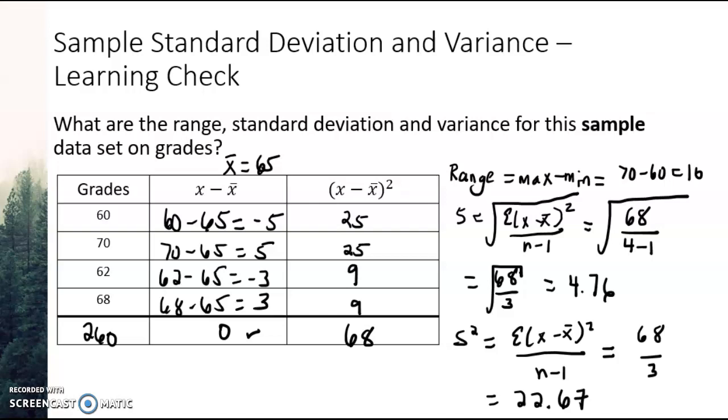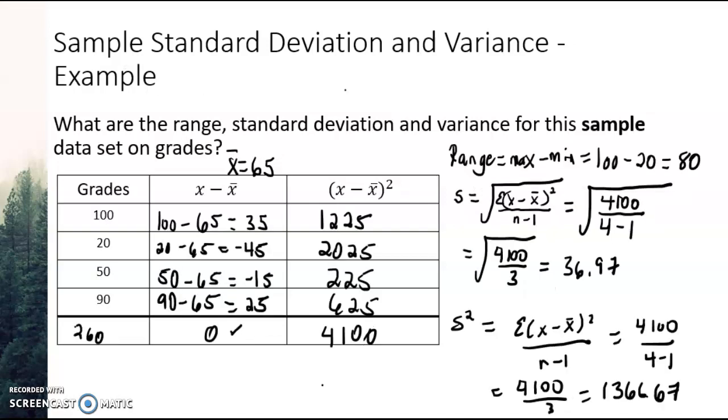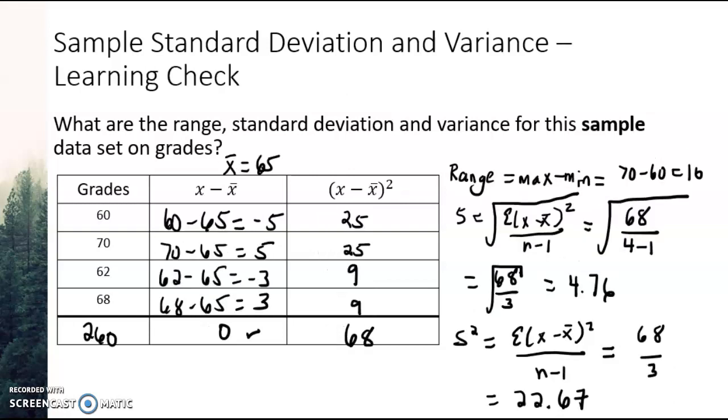So as you can see, for our grades that had a much bigger spread, where we had somebody that was perfect and somebody that was failing, the standard deviation, range, and variance are all much, much larger than for the class where everyone was between 60 and 70%. For example, this standard deviation means that there's really only a spread of about 4.76 percentage points on average.